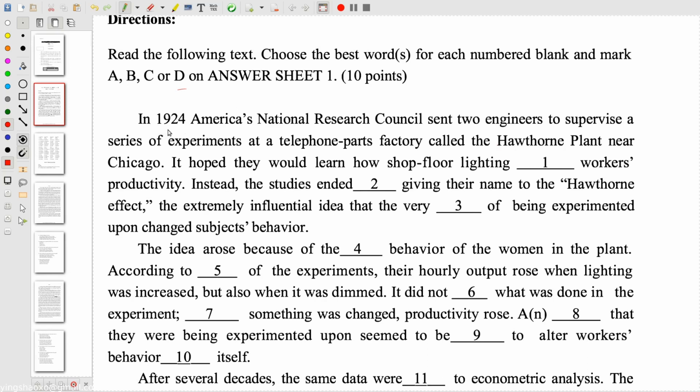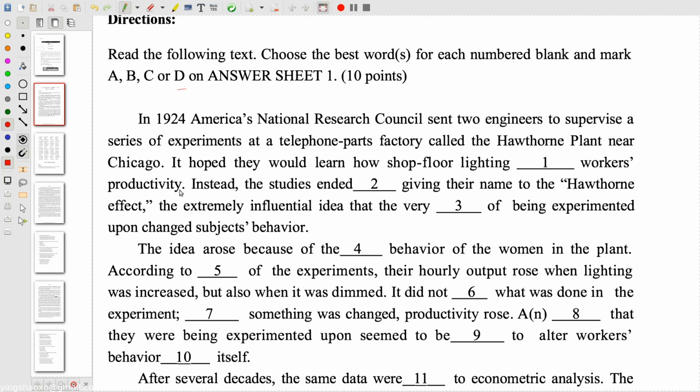In 1924, the American National Research Council sent two engineers to supervise a series of experiments at a telephone parts factory called the Hawthorne plant near Chicago. It hoped they would know how shop floor lighting affected workers' productivity.